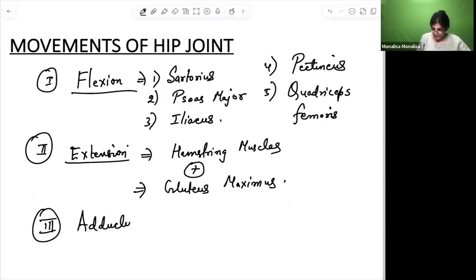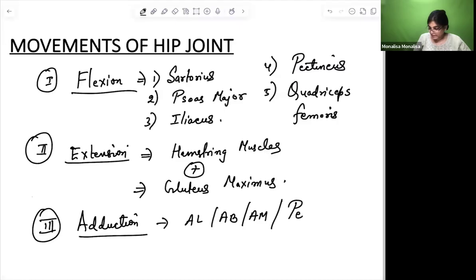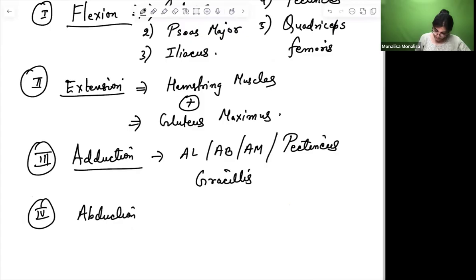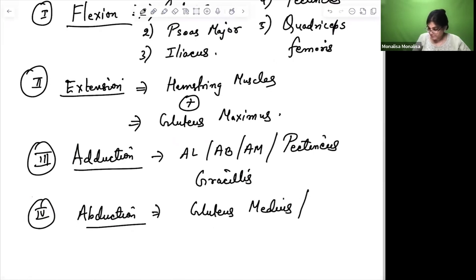Adduction of hip is done by adductor longus, adductor brevis, adductor magnus, pectineus, gracilis. Abduction of hip is done by gluteus medius and minimus, and tensor fascia lata.